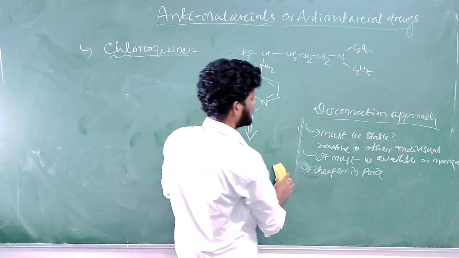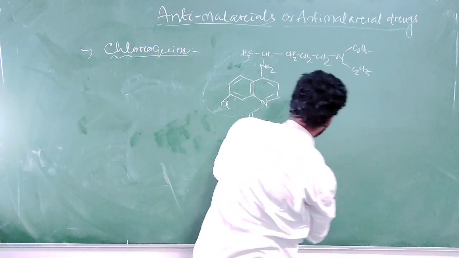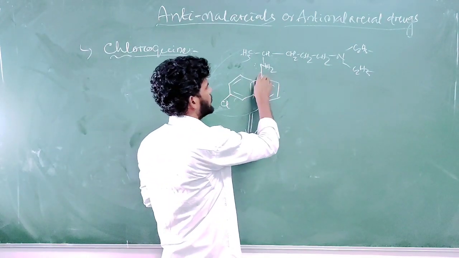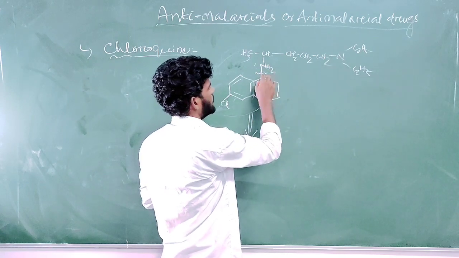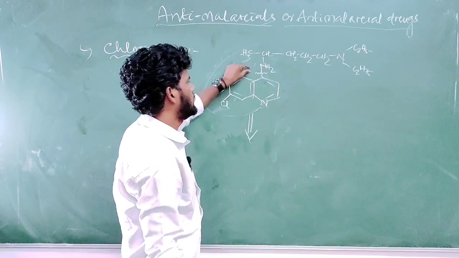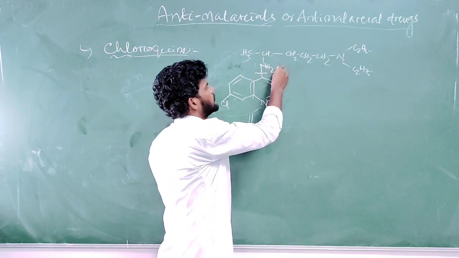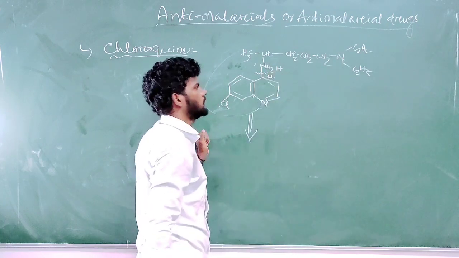So let us start breaking the molecule. Let us break it at this carbon and nitrogen bond. If we break the molecule, suppose H addition takes place on this side and Cl is on this side.